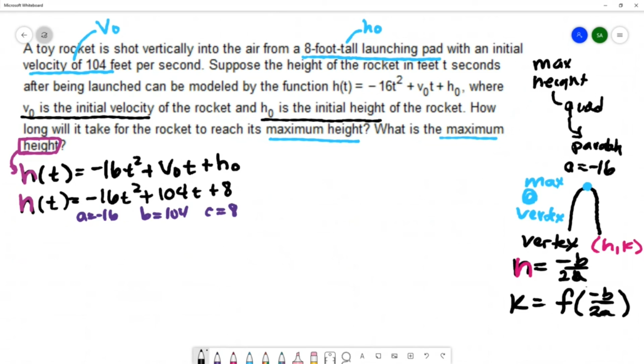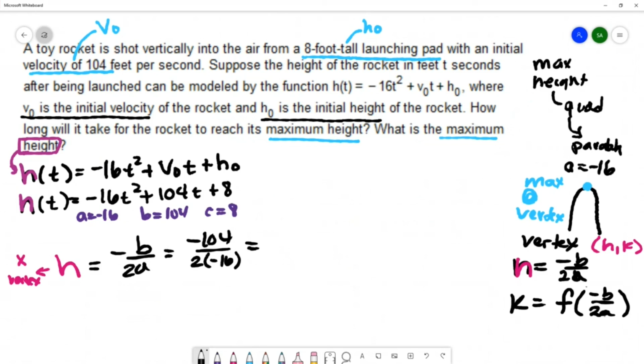So let's calculate the h, which is the x of the vertex, and that's negative b over 2a, negative 104 over 2 times negative 16. Get our calculators for that.